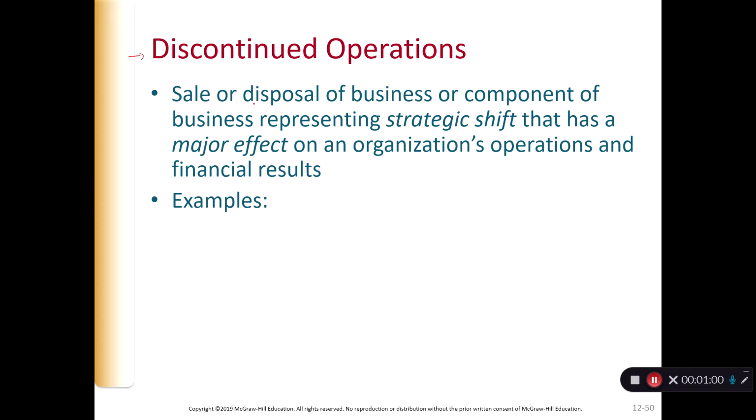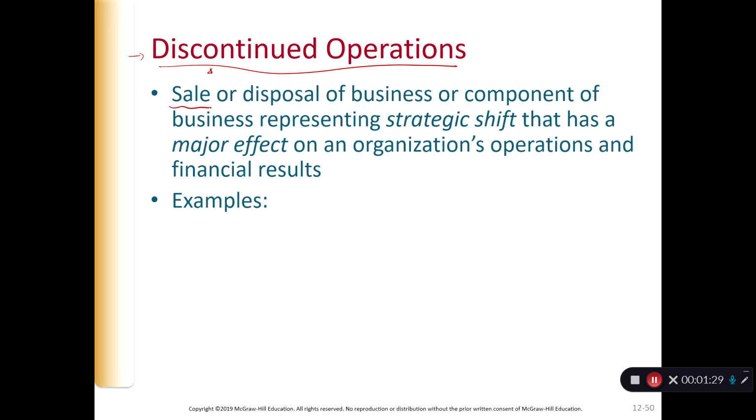Discontinued operation is a business or a component of a business that the organization has already discontinued or is planning to discontinue. And income from discontinued operation in the current year is reported separately from income from continuing operation. This allows investors to differentiate or exclude discontinued operation in their estimates of the future.